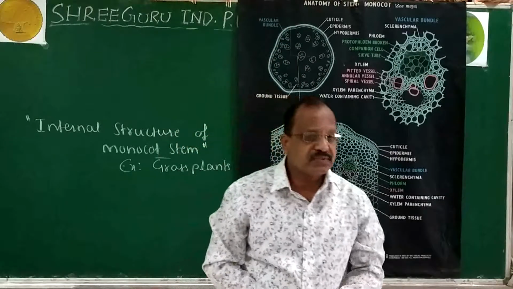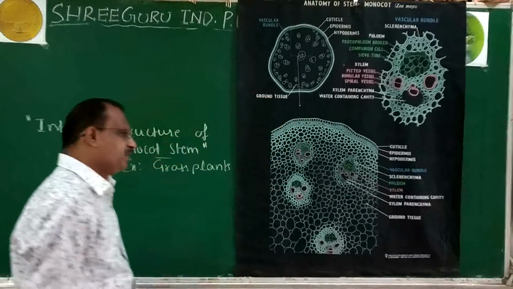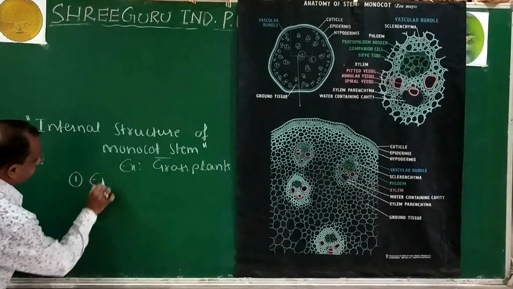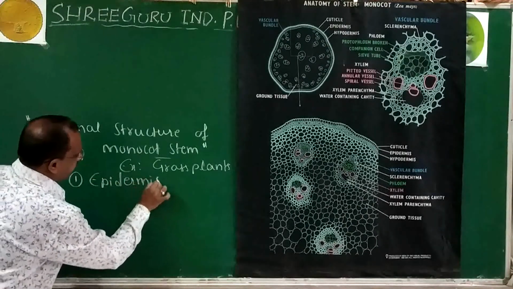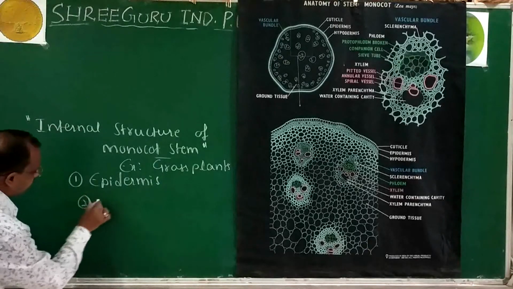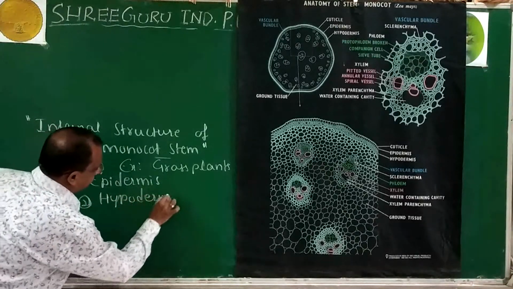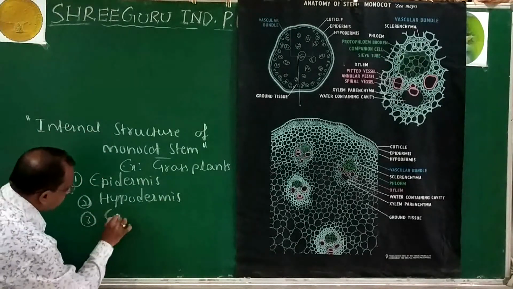So when you take the transverse section of a monocot stem, you will get three regions. Number one, epidermis. Second, hypodermis. And third is ground tissue.